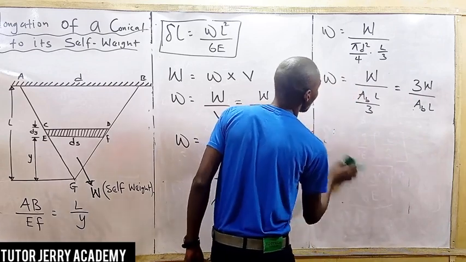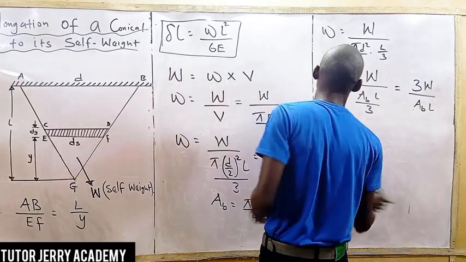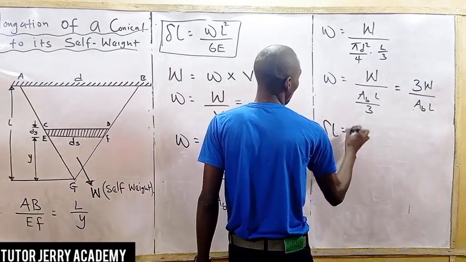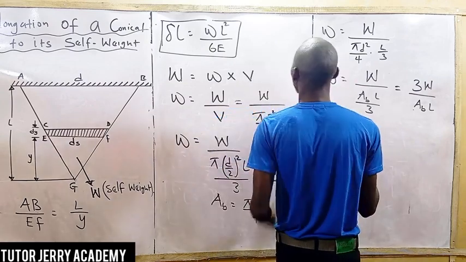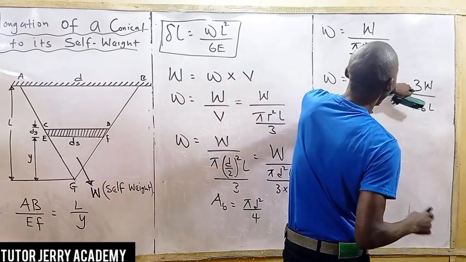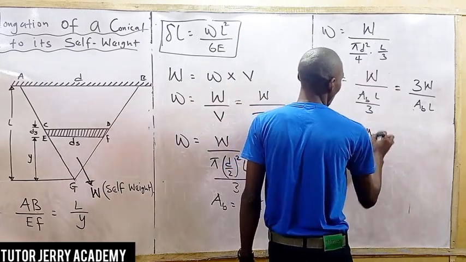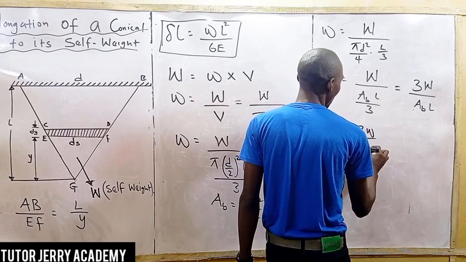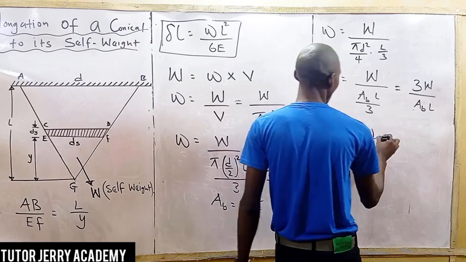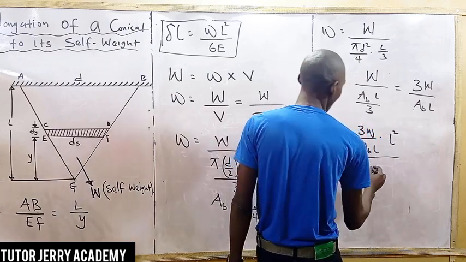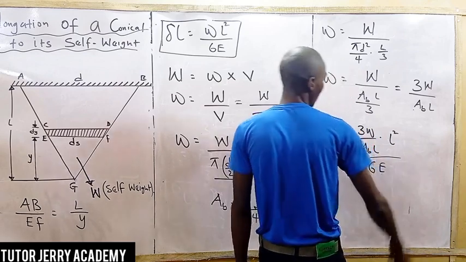All right. So now we substitute this into this formula. We are going to have our elongation equal to omega, but our omega, this weight density, is equal to 3W all over ABL multiplied by L squared all over 6E.